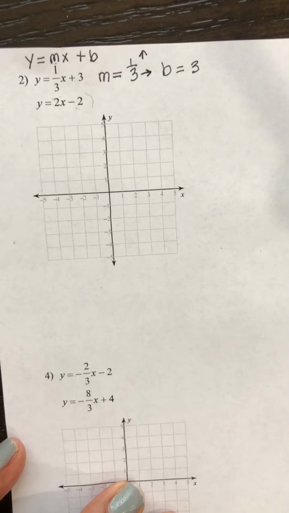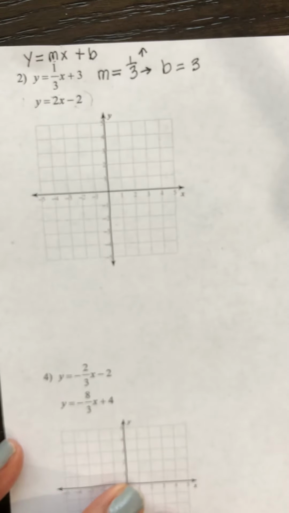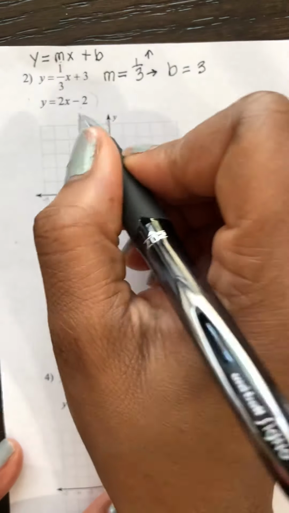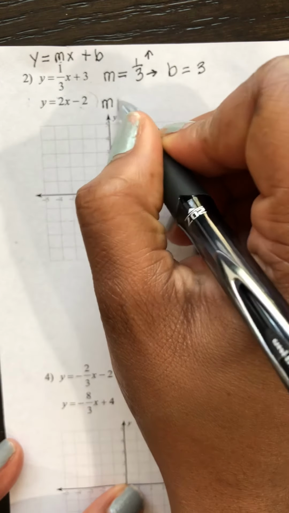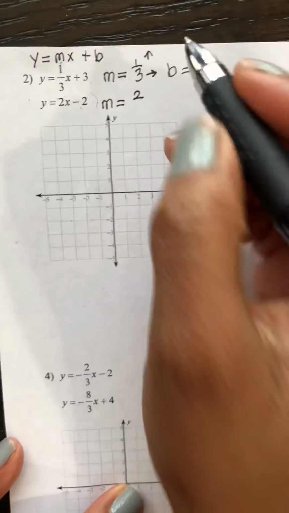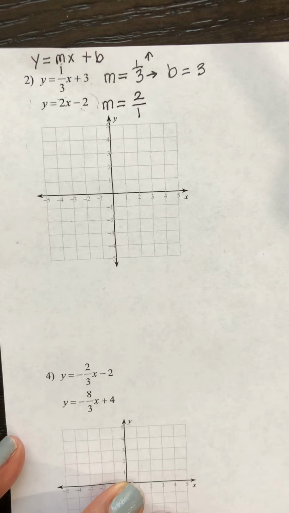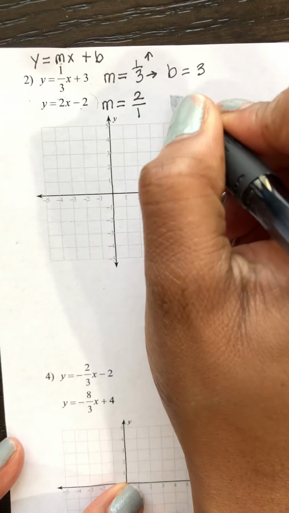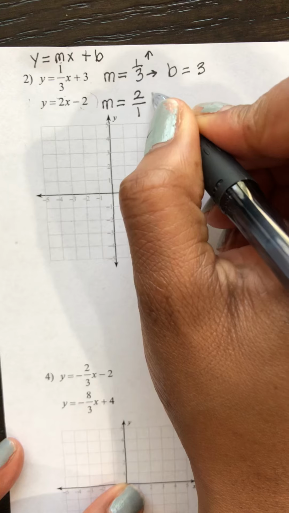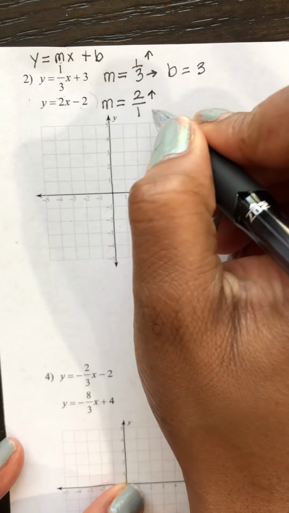Okay, all right, and then let's go ahead and look at the second equation, y equals 2x minus 2. We're going to identify the m, which is the slope. So our slope is just 2, okay? But we're going to write it as a fraction, so it would just be 2 over 1. And remember, because this is a positive 2, we're doing a positive rise, which means we're going upward.